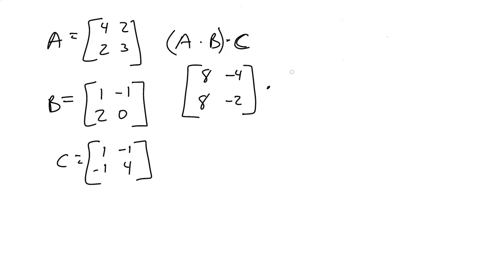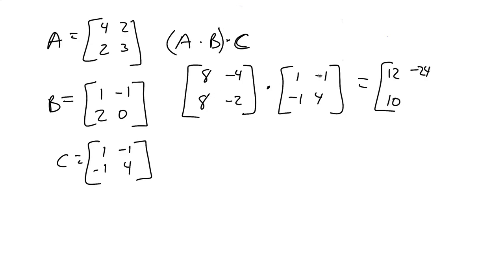Okay, so now let's take that times C, which is 1, -1, -1, 4. And if you work that out, you're going to get 8 times, that's going to be 12. And then you're going to take this by this, and you're going to get -24. And then you're going to do this by this, and that's going to give you 10.